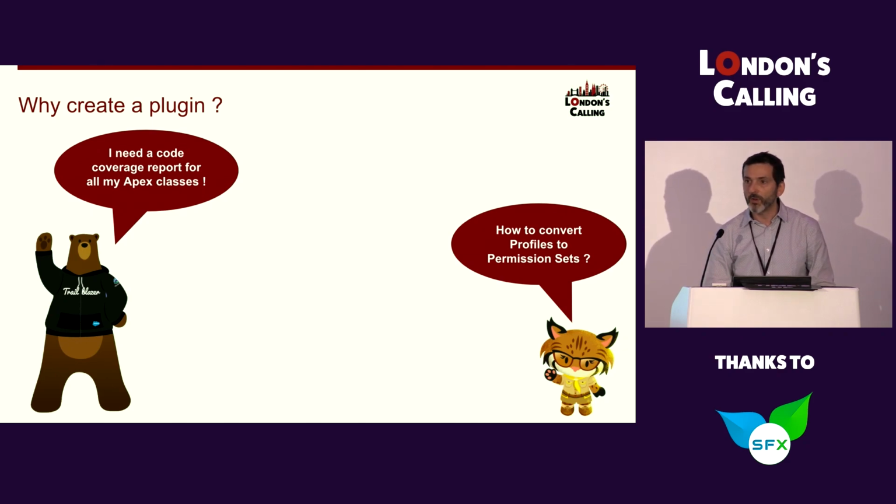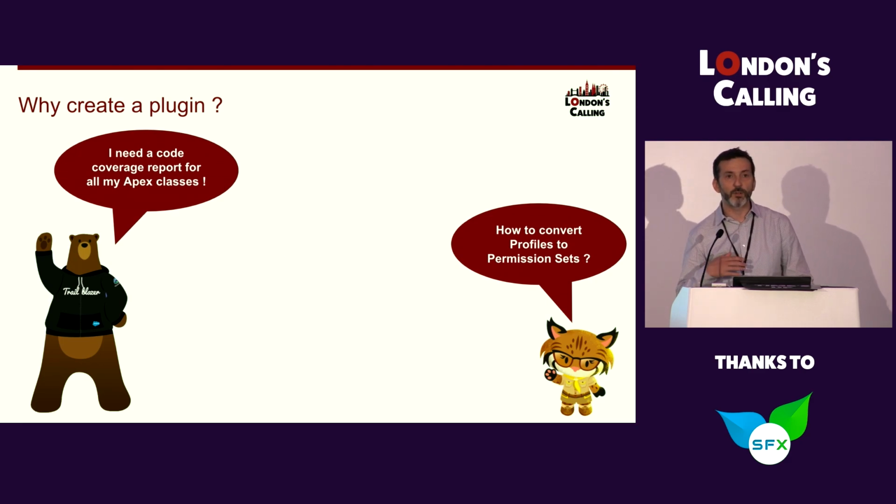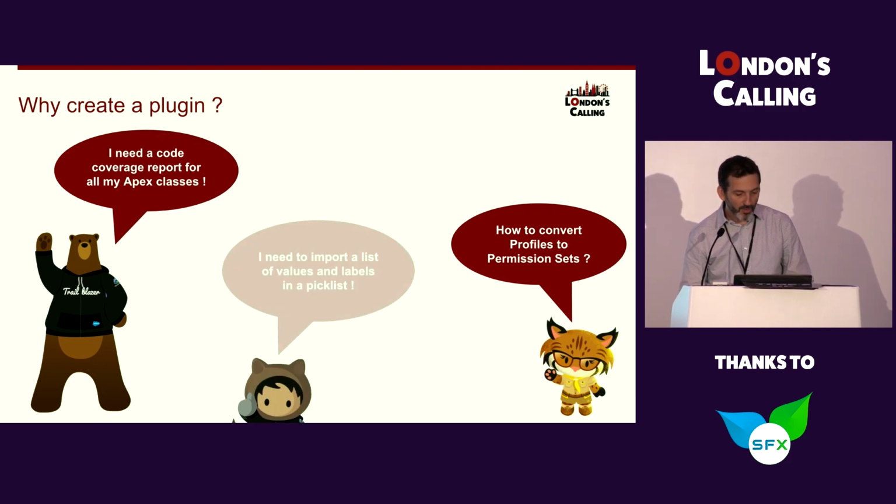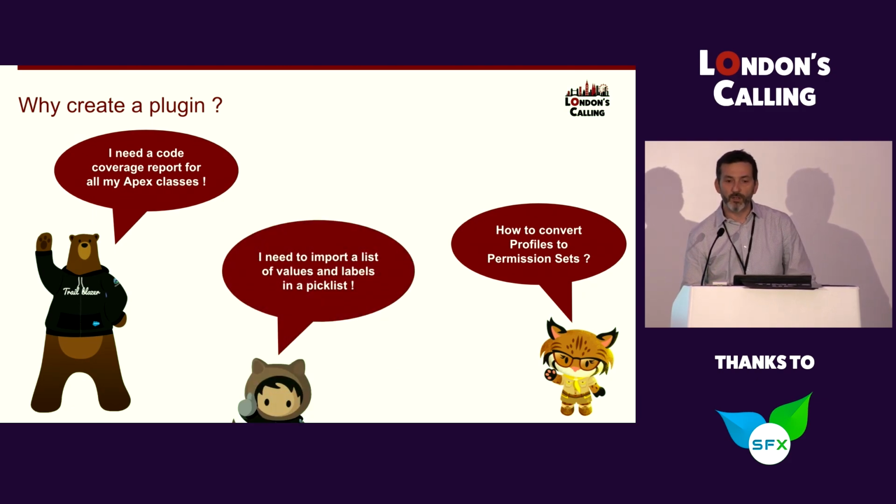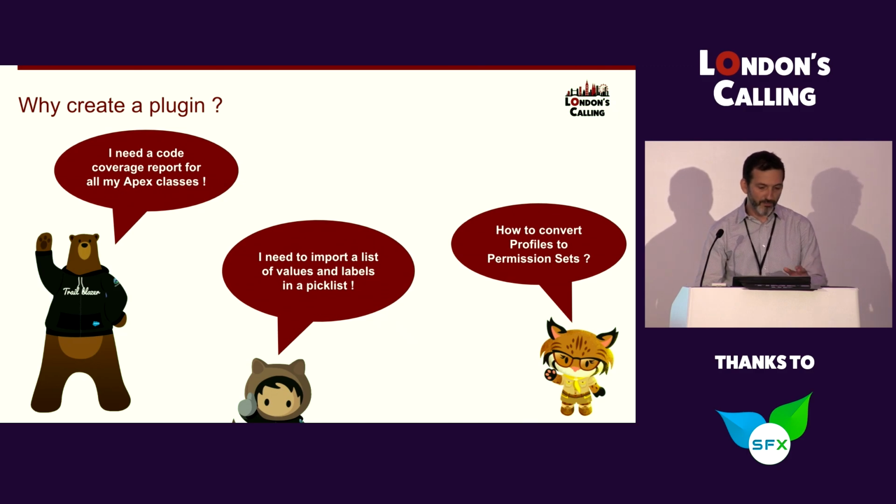This is an example of local commands. We don't interact with an org during this operation, but only with your local file system. Or if you want to import large data into, for example, a picklist, a large number of values with labels and API names that differ. Let's take the example of Cody, and let's answer this use case.